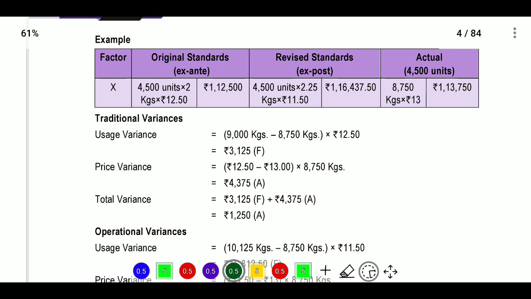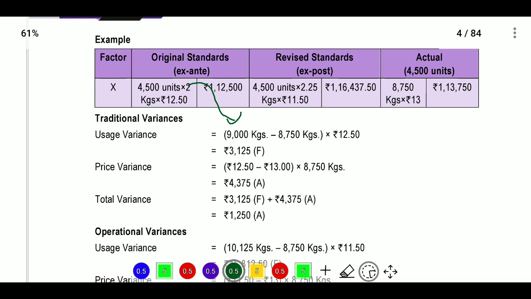The standard is like a budget: 4500 units into 2 is 9000 kgs, and 9000 kgs into 12.5. That is, they are estimating at the rate of 12.5 for the 9000 kgs.